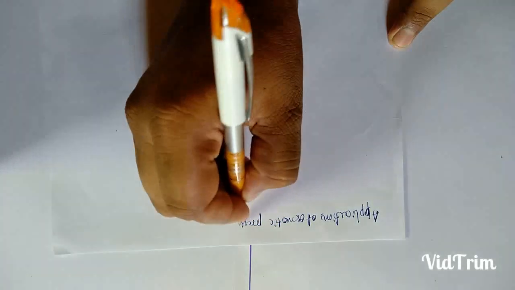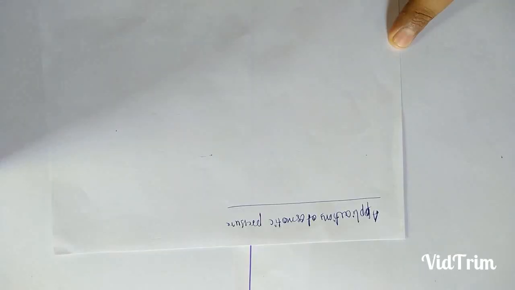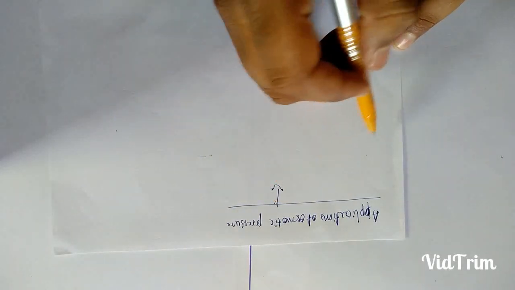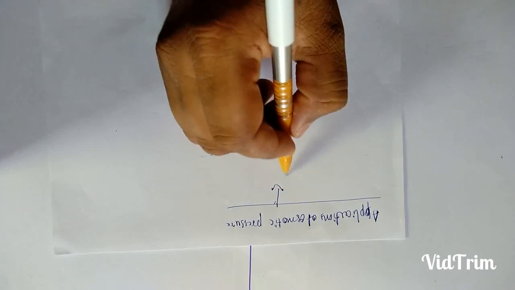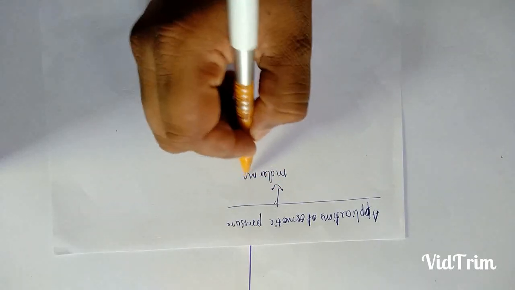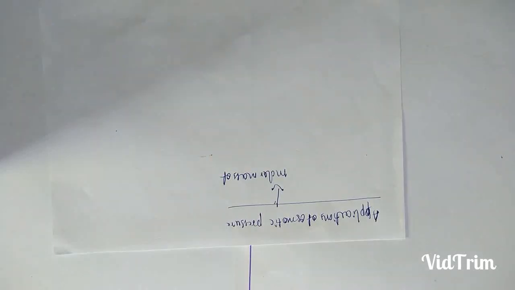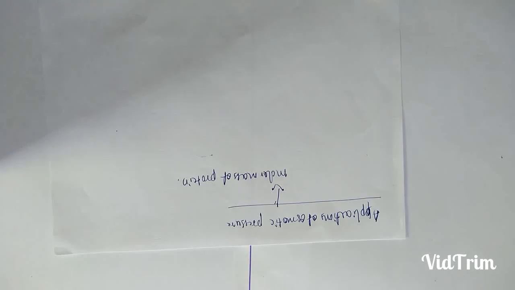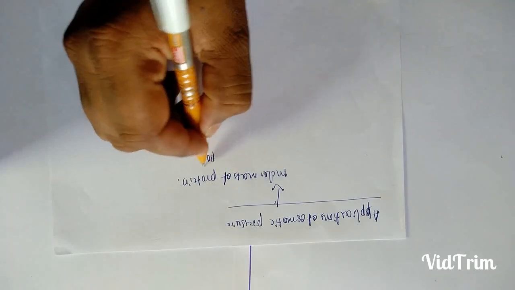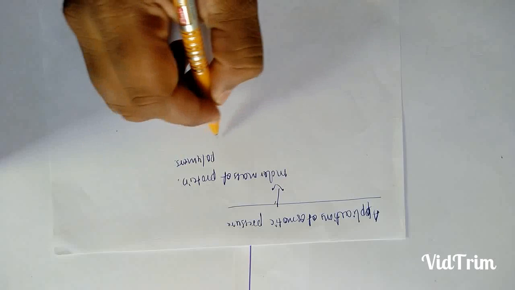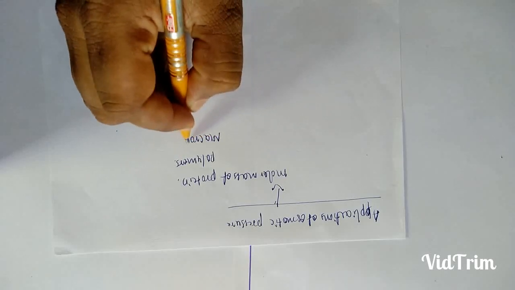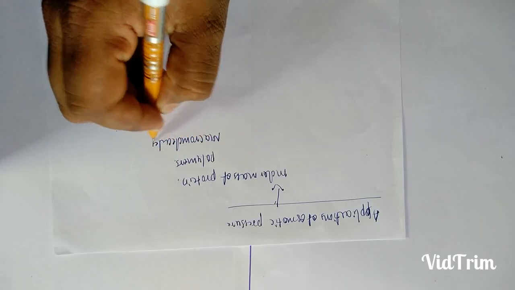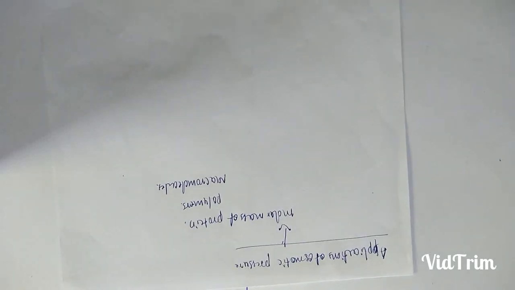The applications of osmotic pressure are: osmotic pressure is used to determine the molar mass of protein and polymers and other macromolecules. Okay. And one more student, that is reverse osmosis.